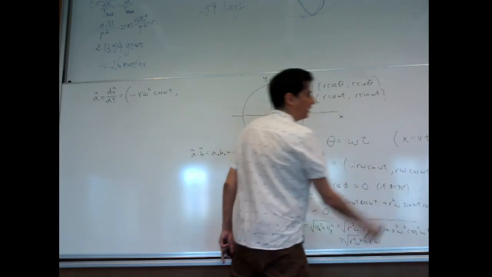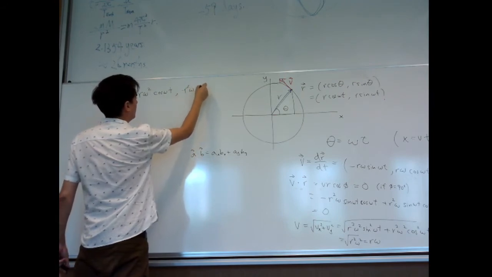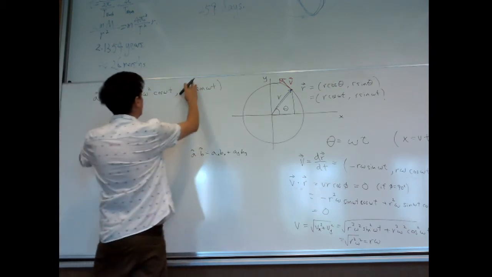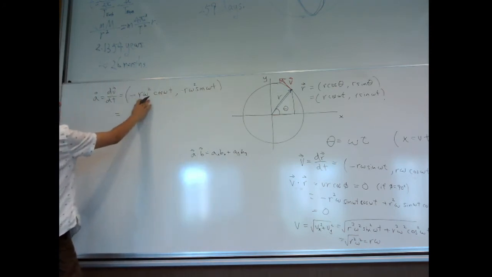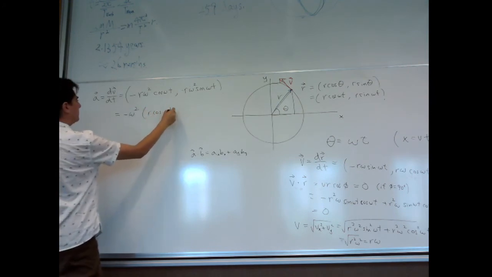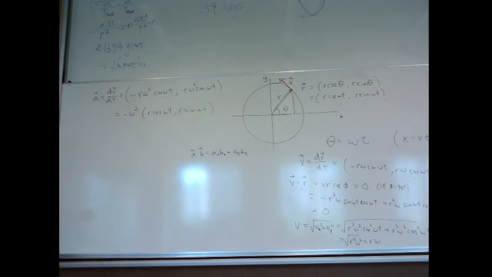Here, cosine becomes sine, so sine omega t. And then the thing that you can see here is, sorry, I put the omega squared in the wrong place. So let's pull out this factor of minus omega squared. Just factorizing out minus omega squared.